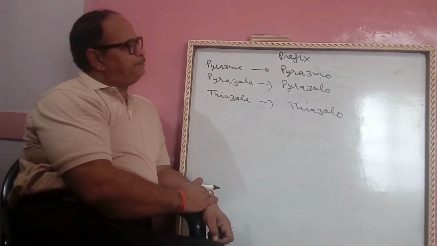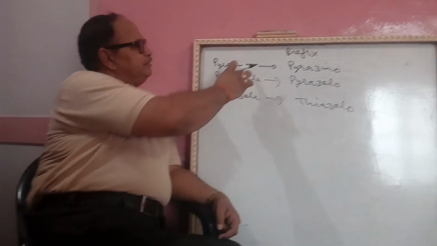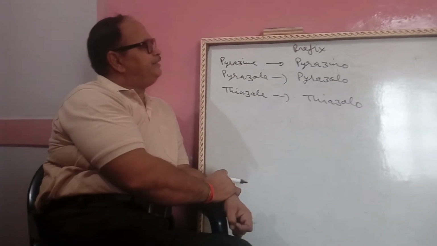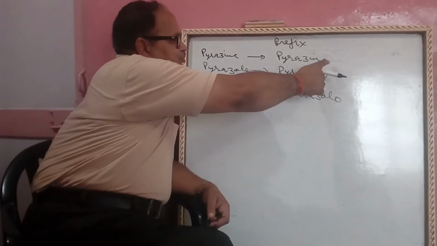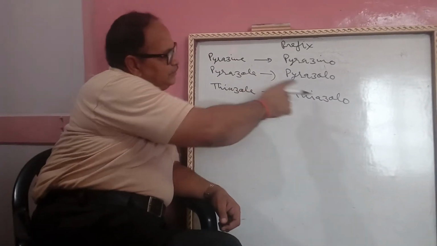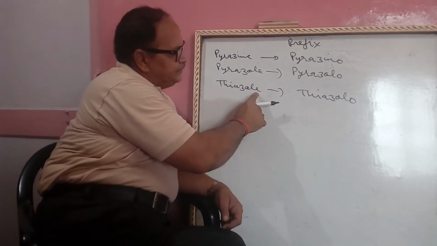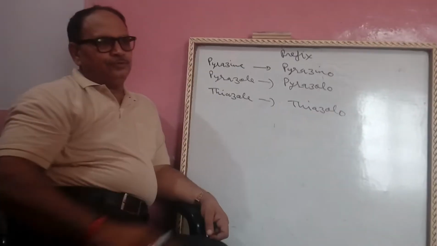So in these examples we can see that the terminal E of the name of the attached component is changed into O. Similarly, E changed into O, and in this E is changed into O.